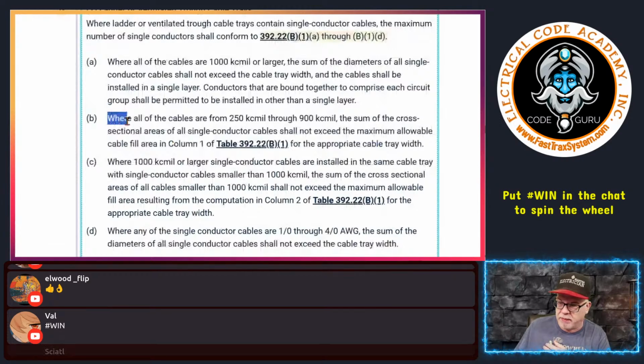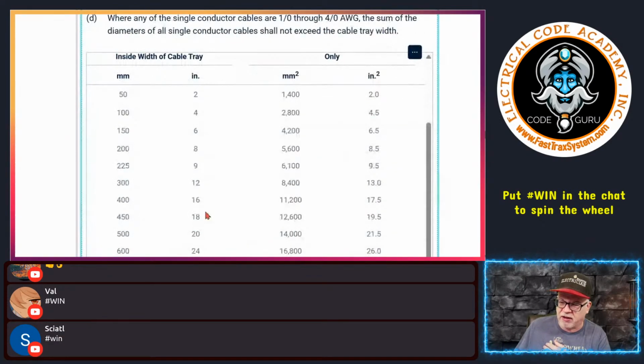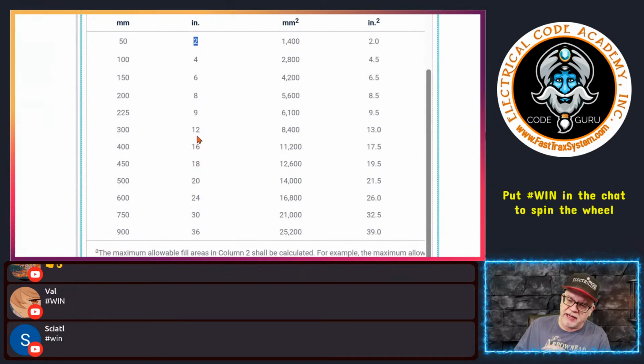Down here, it talks about what the volume is for these different inside widths of cable tray. There's a small 2-inch one, which would probably be primarily for data and communication. The most common would be a 12 right here, and it has a volume of 13. So you can have 13.